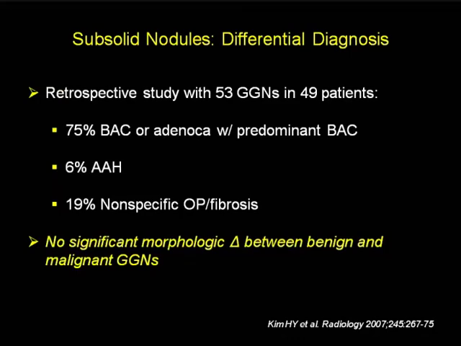However, the lesions that persist have a high likelihood of being malignant. However, up to 20% of these will still prove to be benign. And unfortunately, there are no definitive features on CT that we can use to differentiate between these persistent benign lesions and the malignant ground glass nodules.